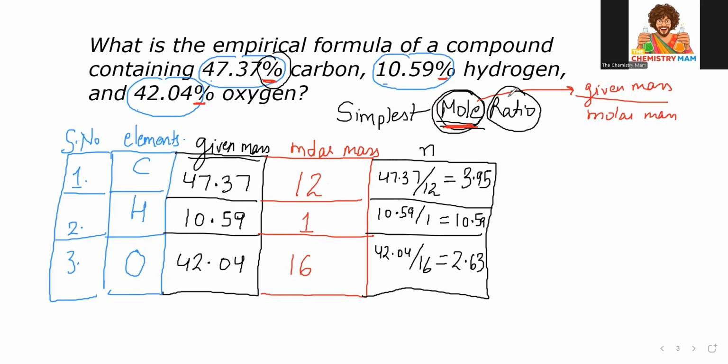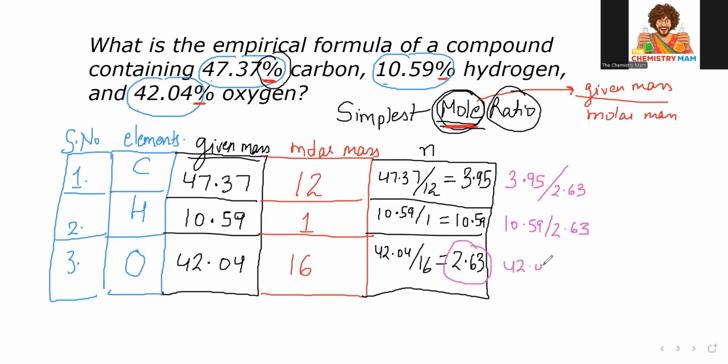So it's time to take the ratio now. Moles have been calculated, and for the ratio, I just told you to divide all the moles by the smallest mole present. So the smallest mole that you've calculated is 2.63. So to take the ratio, divide all the moles that you've calculated by 2.63.